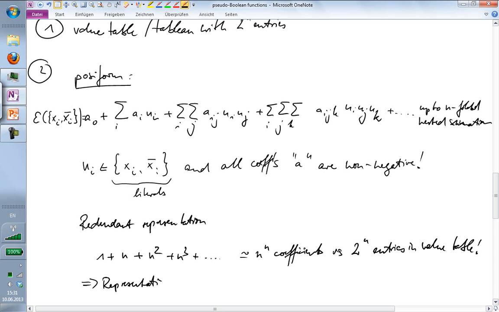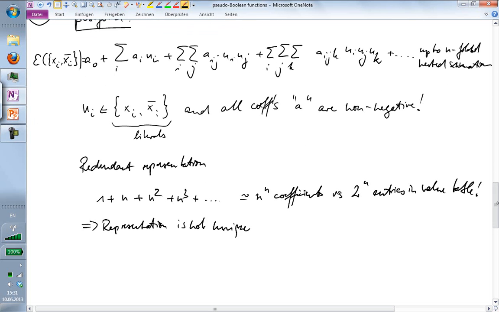And the consequence is that the representation is not unique. So there are many different posiforms that will describe the same mapping from a high-dimensional Boolean set to the reals.